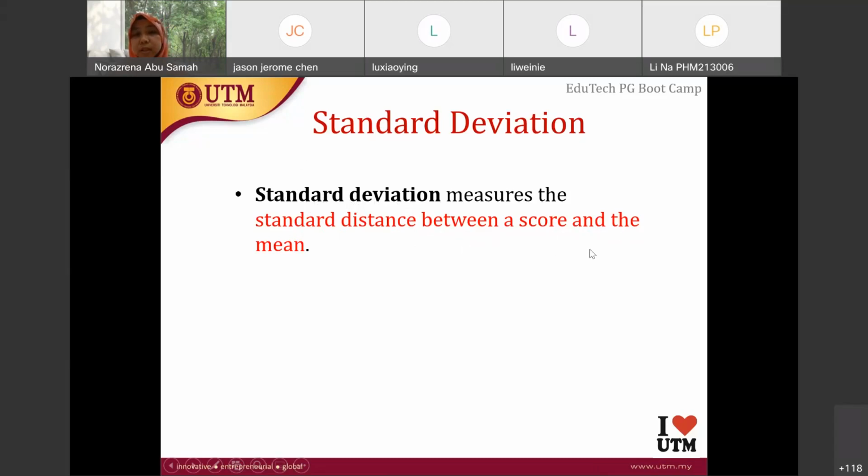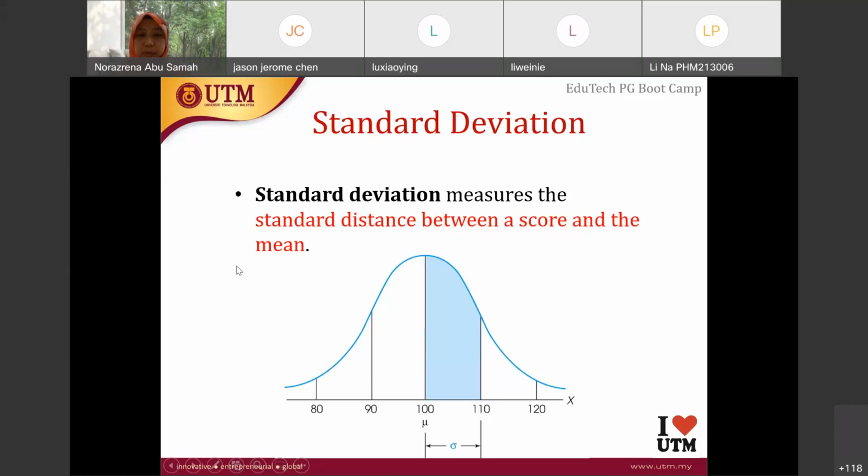Is it positive or negative? If positive, it is to the right, and if negative, it is to the left. For this one, this is the mean, and this is the distance, so this is one standard deviation. It means this is one standard deviation, two standard deviations, and then three standard deviations.